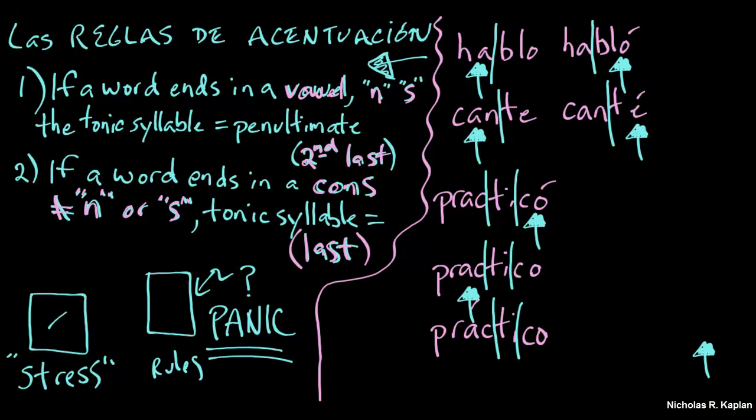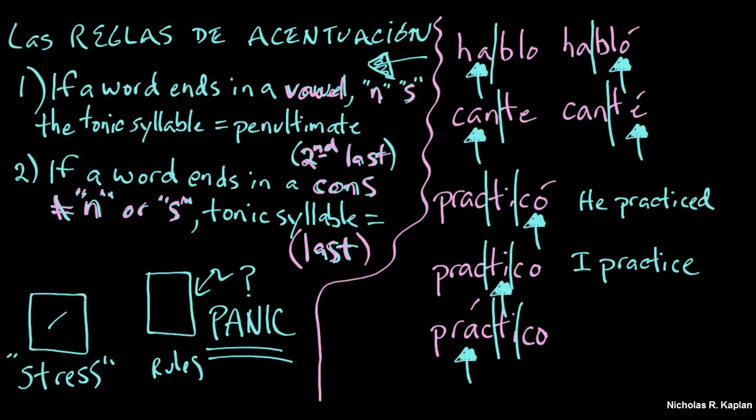This is a word that ends in a vowel, so I know the tonic syllable, the place where the volume rises just a little bit, is the second to last. All right, and the third one, well, there's a written accent, so that's easy. All right, so what are these? Practico, practico, practico. He practiced, I practice, and then practice. That's all there is to it.